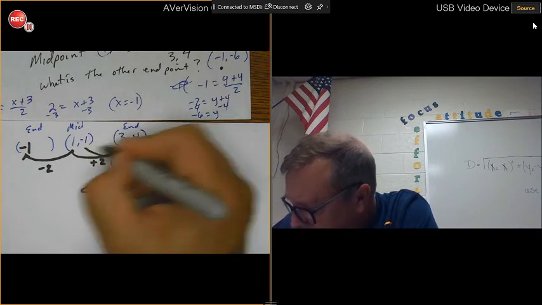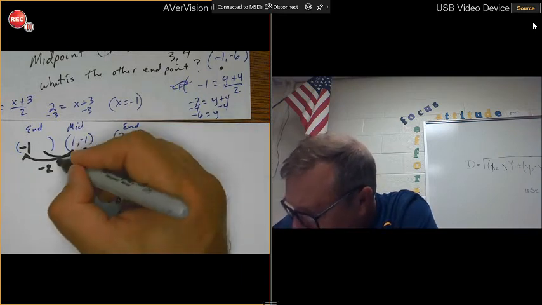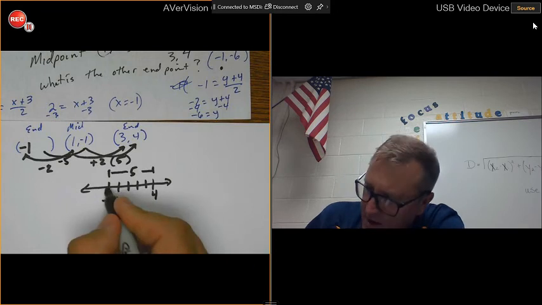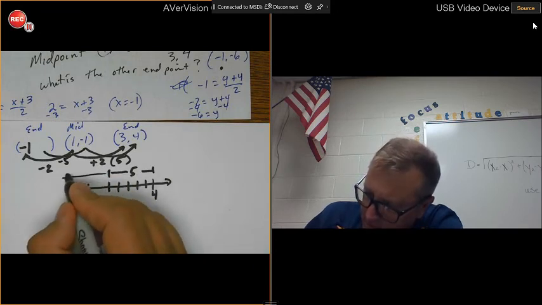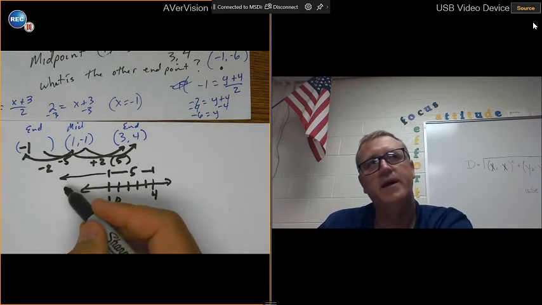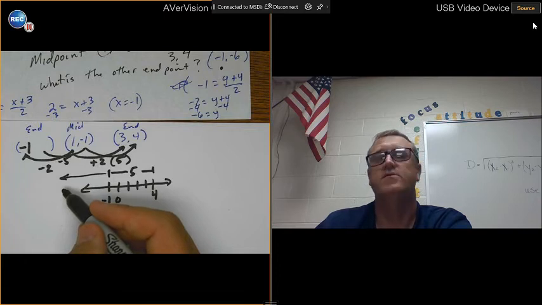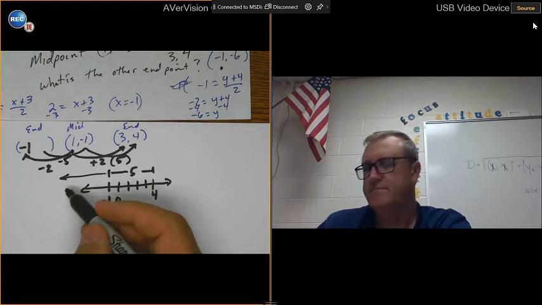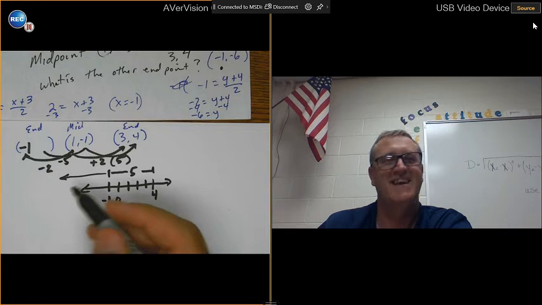If it's positive 5 this way and we go negative 5 this way, if I'm at negative 1, Waymaker, and I want to go negative 5 from negative 1, where would I end up? Close. Not quite. Negative 6.